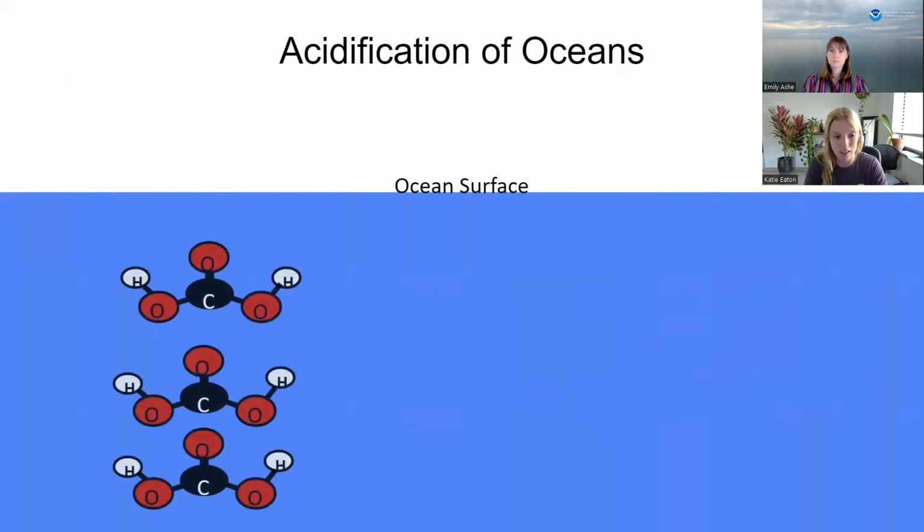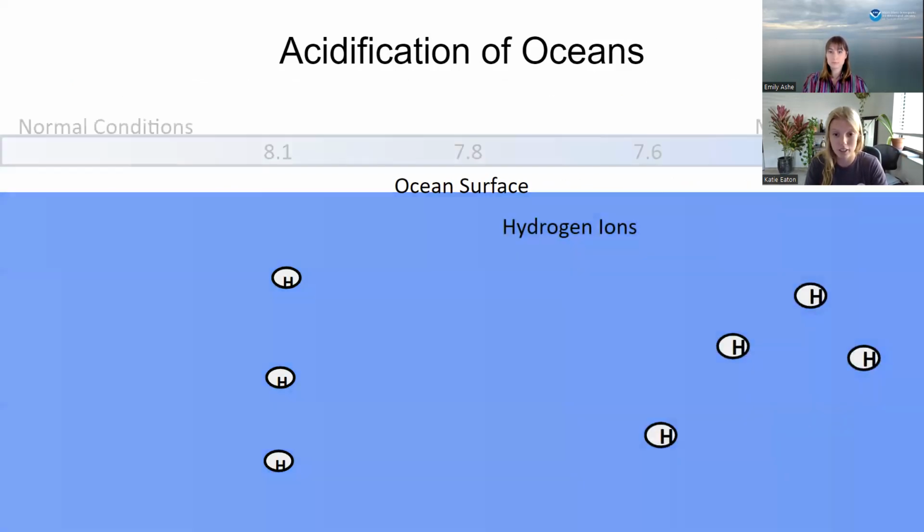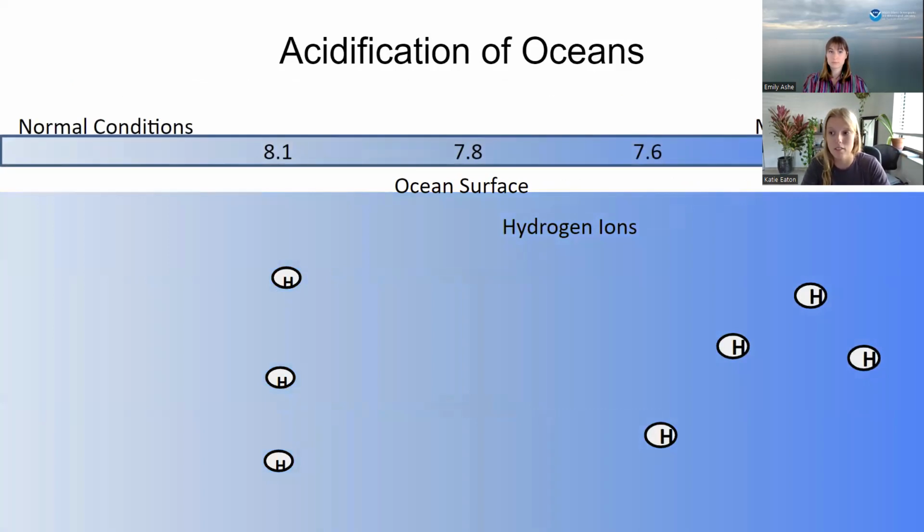And when we have excess carbon dioxide or excess carbonic acid in the ocean, this increases the amount of hydrogen ions in the ocean. So when we have increased hydrogen ions, we have a lower pH. If you remember back to the pH scale, the more hydrogen ions that are present, the lower our pH will be.